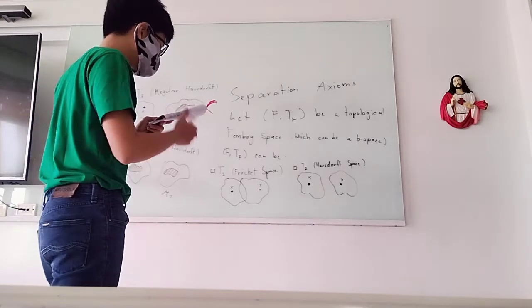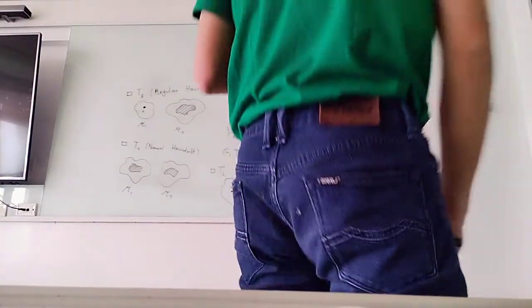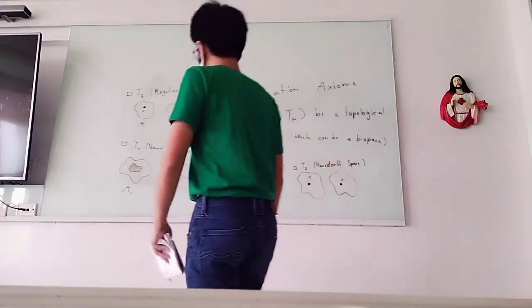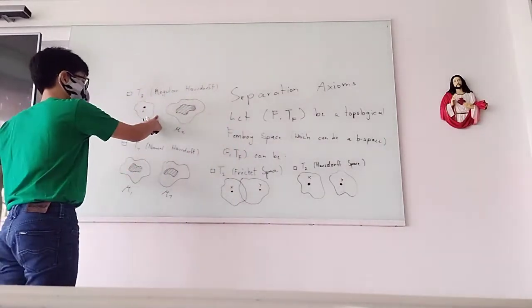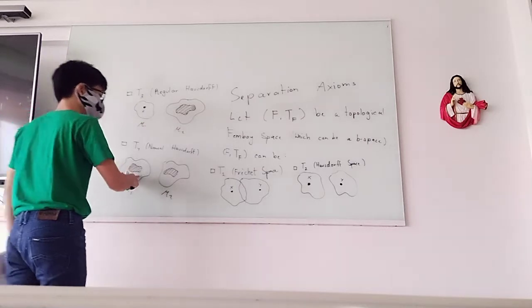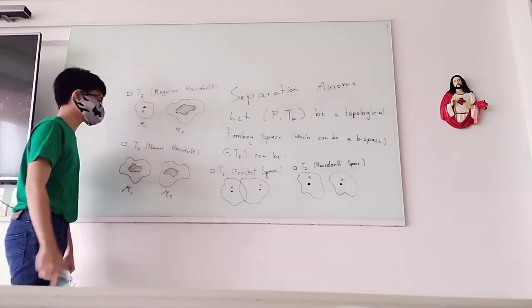Okay, so now let's take a couple of facts. Now, in general, if your space is T4, it does not immediately imply that it's T3. Because here we're talking about a closed interval, and I can pick a point.